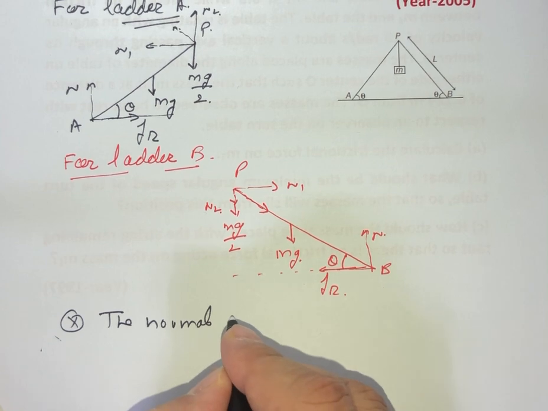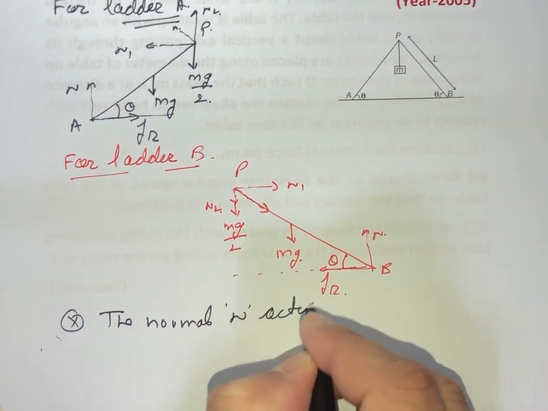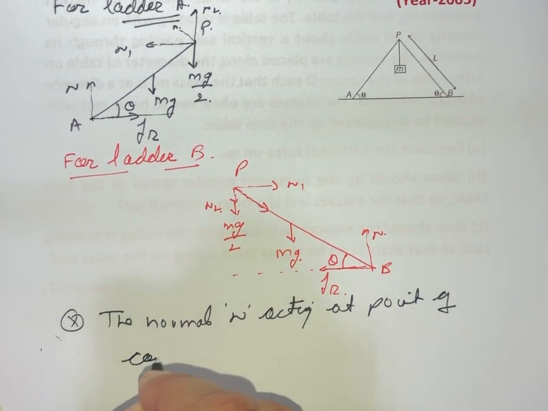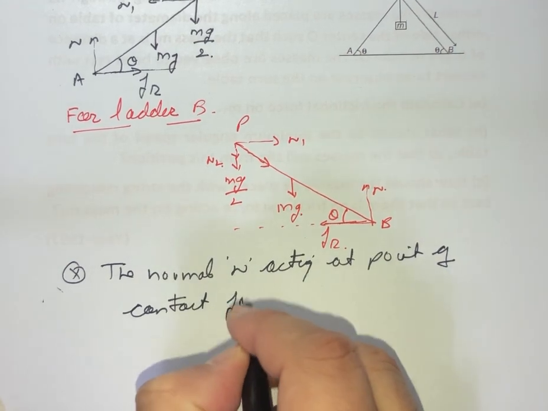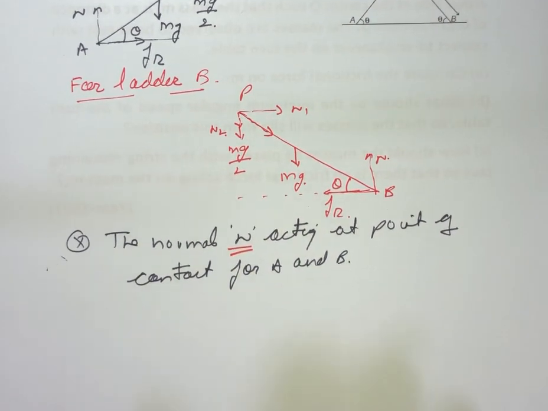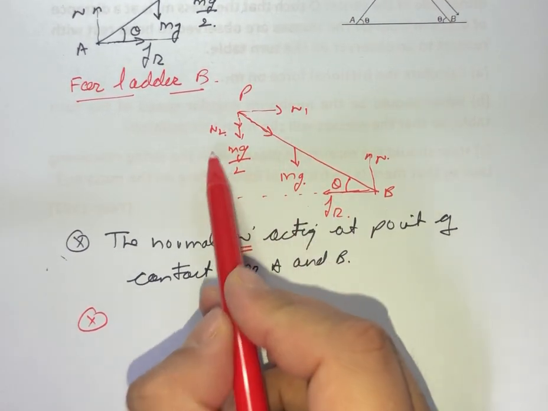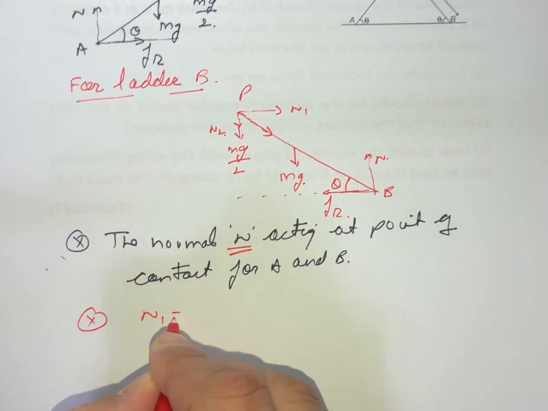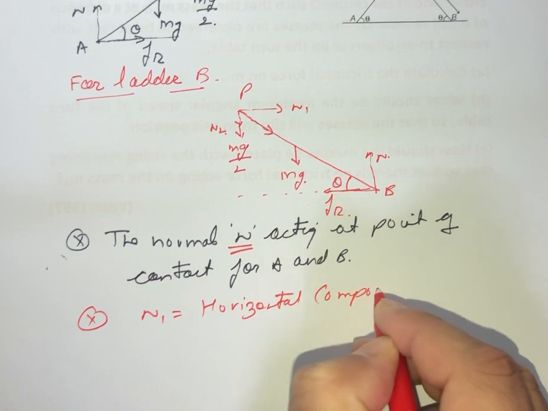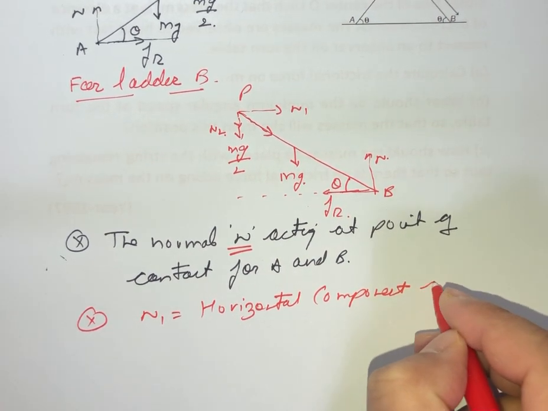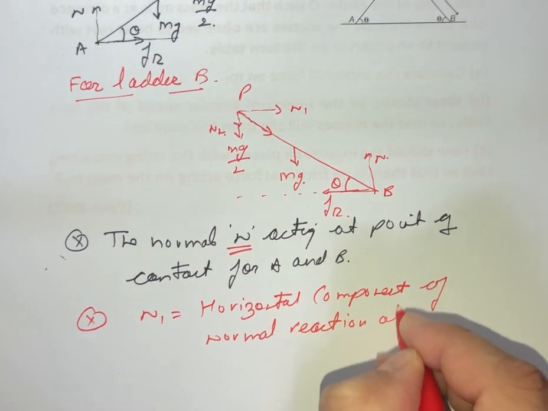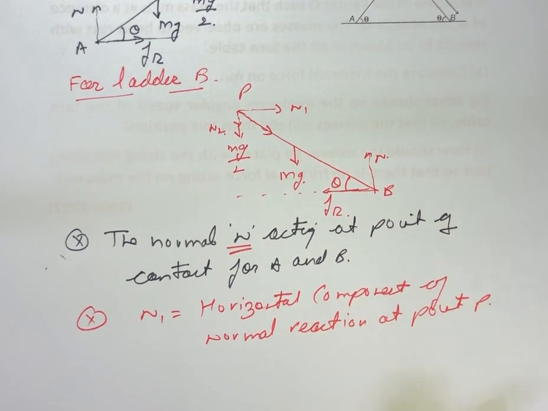The normal N is acting at the point of contact for A and B. Second, N1 is the horizontal component of normal reaction at point P between the two ladders.